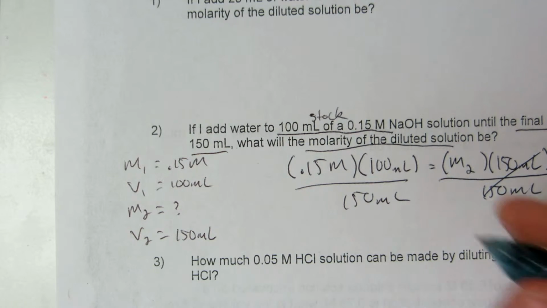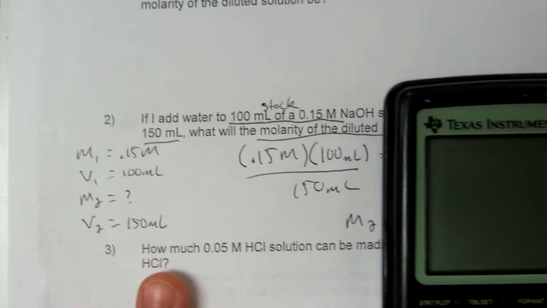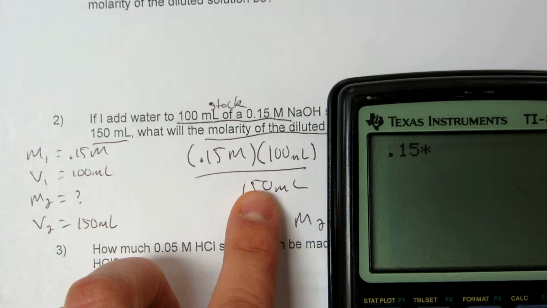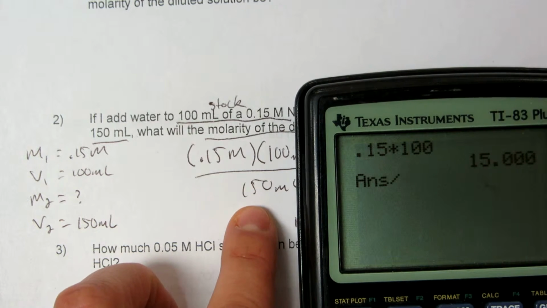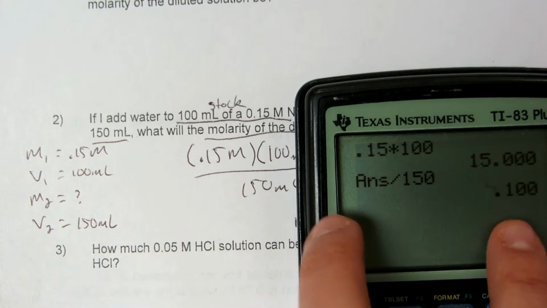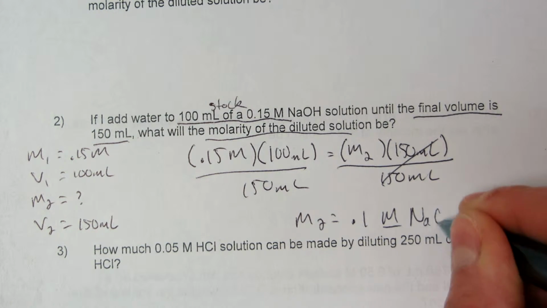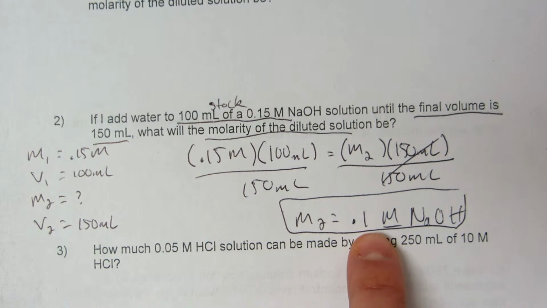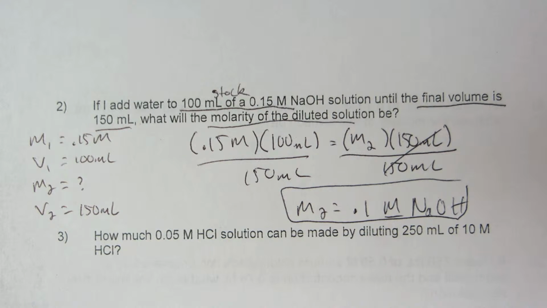So your M2, your new concentration, we're going to multiply 0.15 times 100, enter, and then divide by 150. So you get 0.1 molar sodium hydroxide. To see if this makes sense, this molarity, the new diluted one, is weaker than 0.15. So that would be correct.